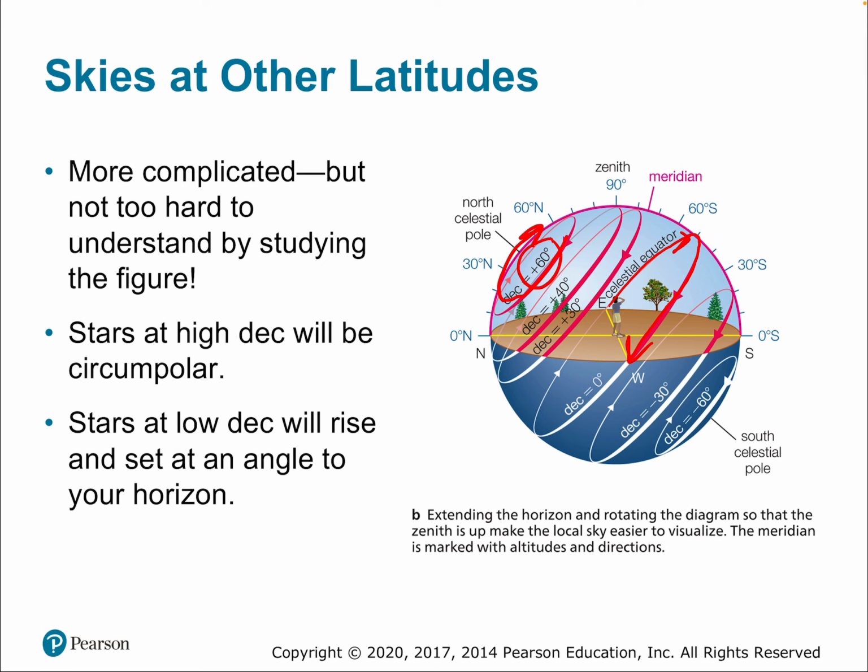Because it would still be due east, because any star located with a declination of 0 degrees will always rise due east. But unlike for an observer located at Earth's equator, this observer located at a middle latitude in the northern hemisphere will see that star rising due east, but take a path where it will not pass through the zenith. Okay, that's a key difference.